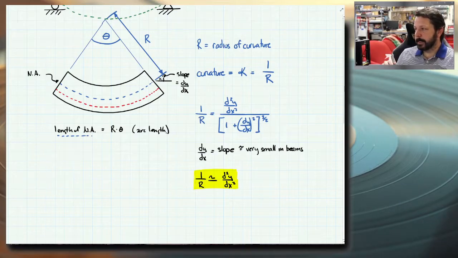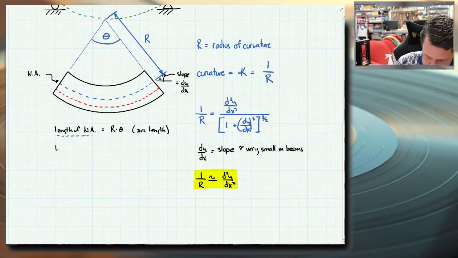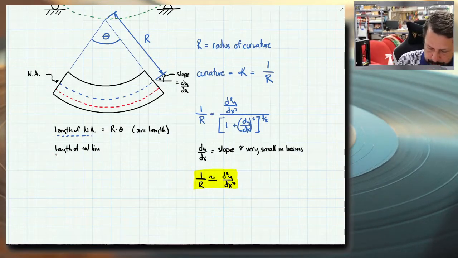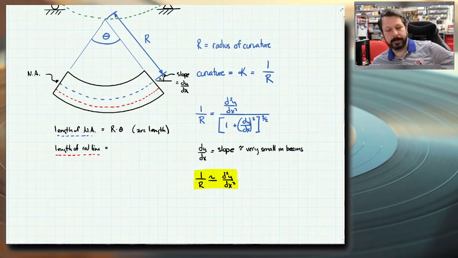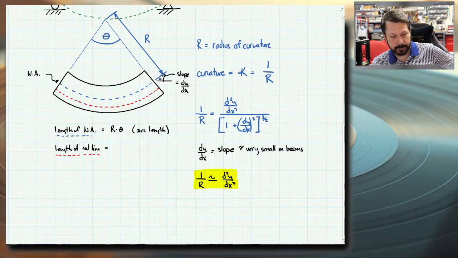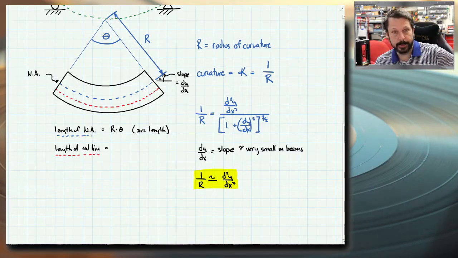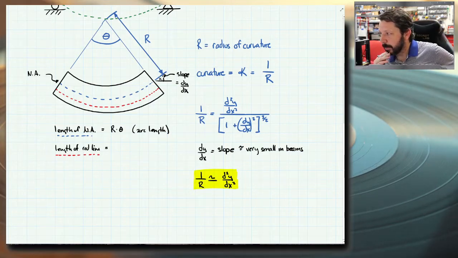The length of this red line doesn't matter at all. It's just a line other than the neutral axis. In this case, it's one that is longer than the neutral axis, but we could have drawn a red line above the neutral axis. It doesn't matter.